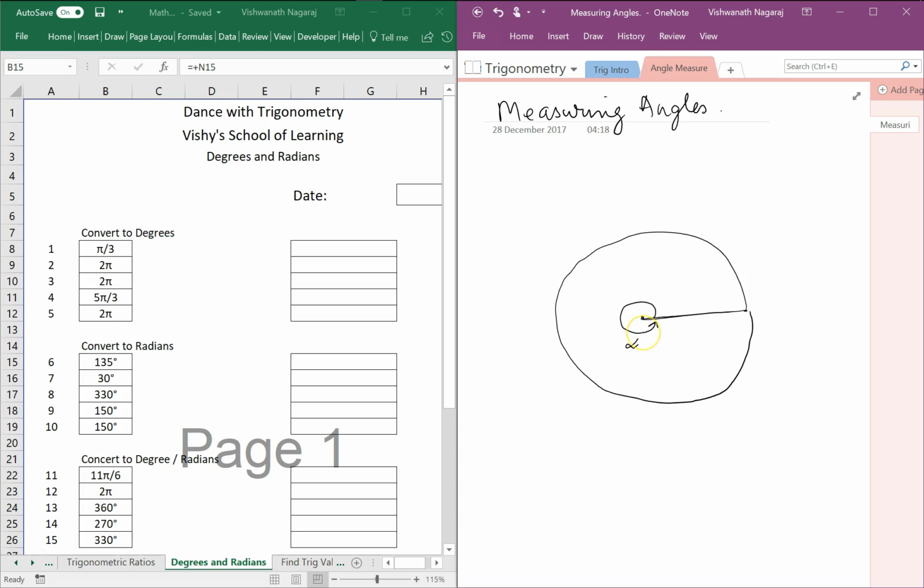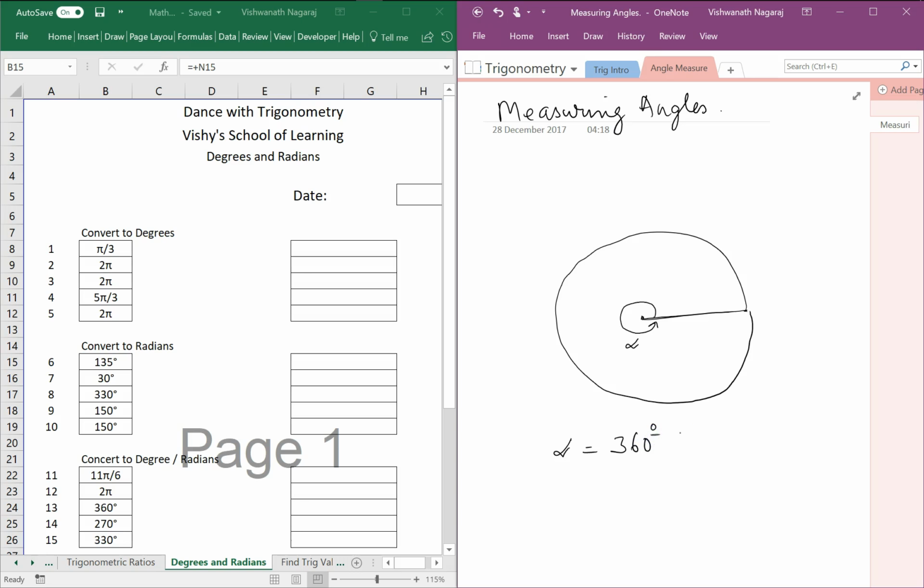So this is angle alpha. Now this is treated as 360 degree, right? A complete circle is treated as a 360 degree angle.